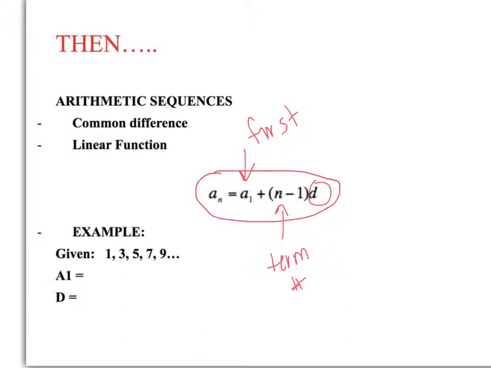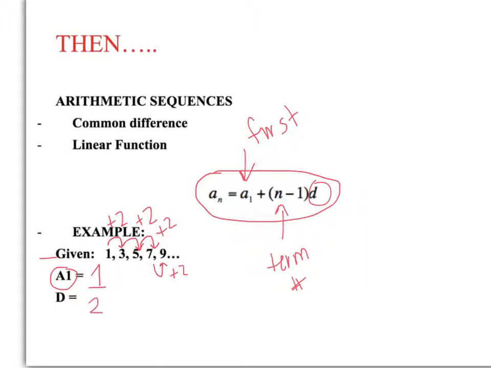So if we were to just refresh ourselves with an example, if we were given 1, 3, 5, 7, 9, well, a sub 1 is our first term, which is just 1. And our common difference, well, how do we get from 1 to 3? We add 2. How do we get from 3 to 5? Add 2. We keep checking just in case, but we're adding 2, and we're adding 2.